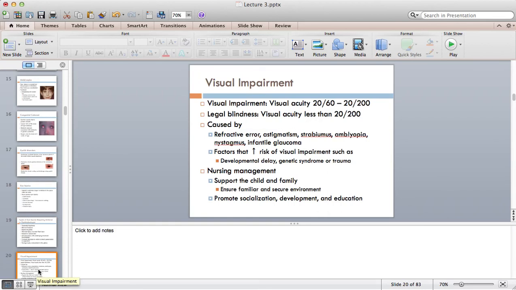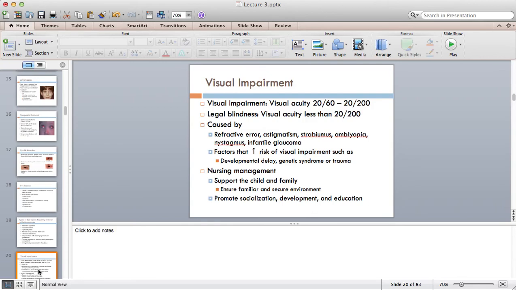Other problems that we talked about with those disease entities can be all these visual impairment, inability to see very well, and this is what affects the visual acuity. Remember I said for the infants, it goes progressively as they grow.